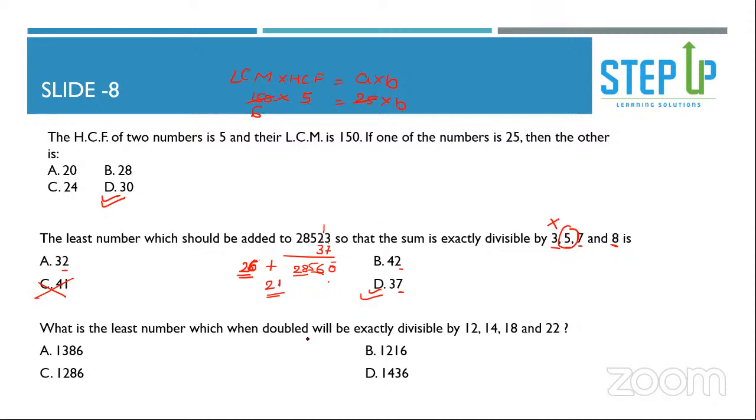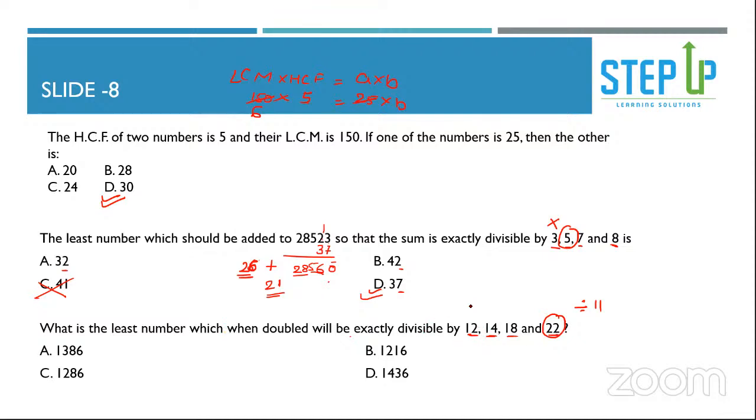Okay, what is the least number which when doubled will be exactly divisible by 12, 14, 18, and 22? If it has to be divisible by 22, it means that it has to be divisible by 11, right? So first of all, we'll check how many numbers are divisible by 11, because that's the easy way to check.